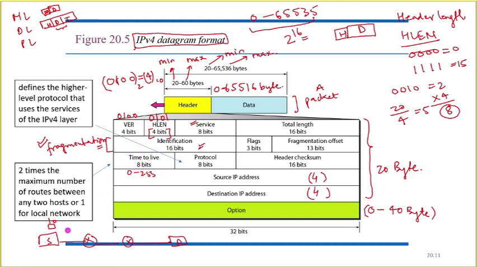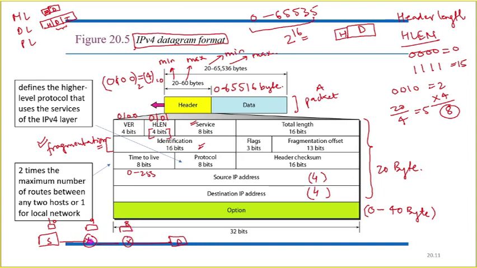Once it passes by one router or switch, its value will drop to 9. Next, it goes here, and after that its value will become 8.